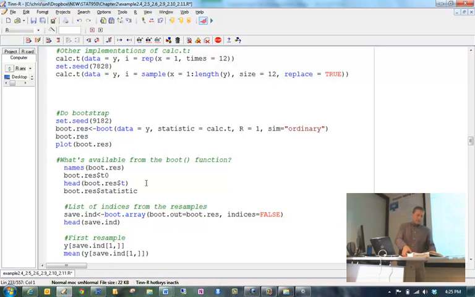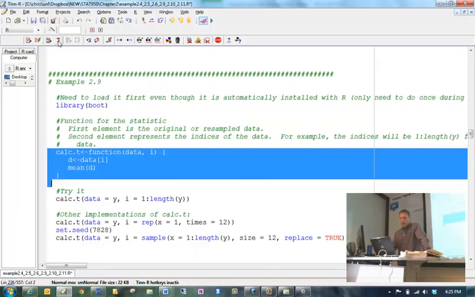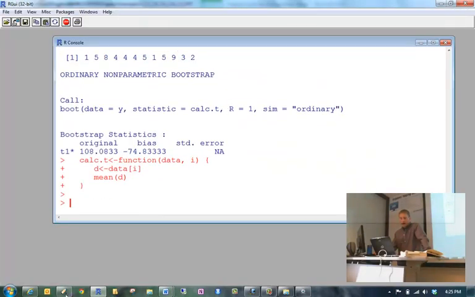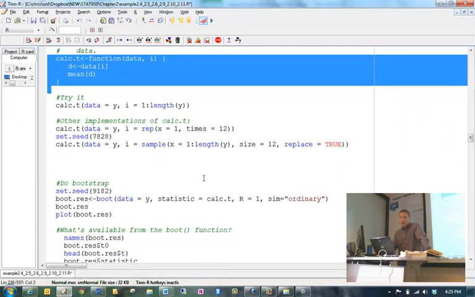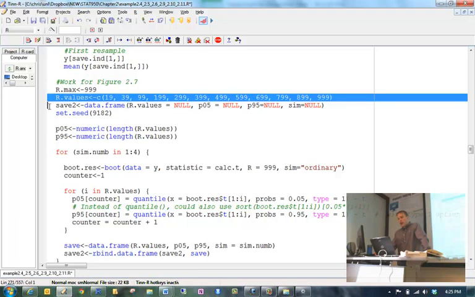So with that as background, let's talk about the code that can be used to reproduce this figure 2.7. A lot of the code is very similar to what we did with a parametric bootstrap, so I'm not going to go through it line by line, but I'm going to point out the important parts. First of all, for all the R values I'm interested in corresponding to that plot, I just create a vector that contains them.